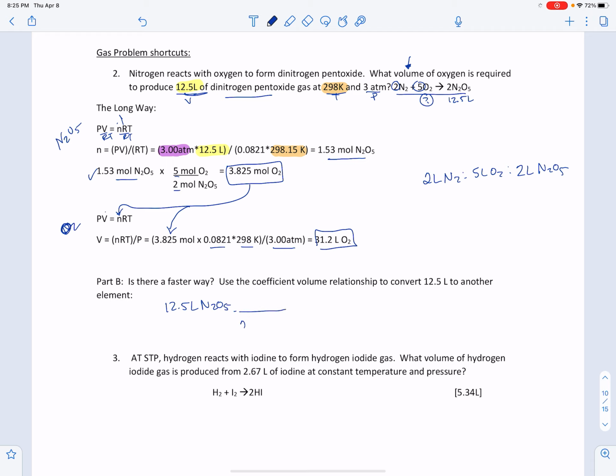And we're going to say that in 2 liters of dinitrogen pentoxide, we have 5 liters of O2. You do the math on that, you're going to end up with 31.2 liters of O2. Wow, that was a lot less math.